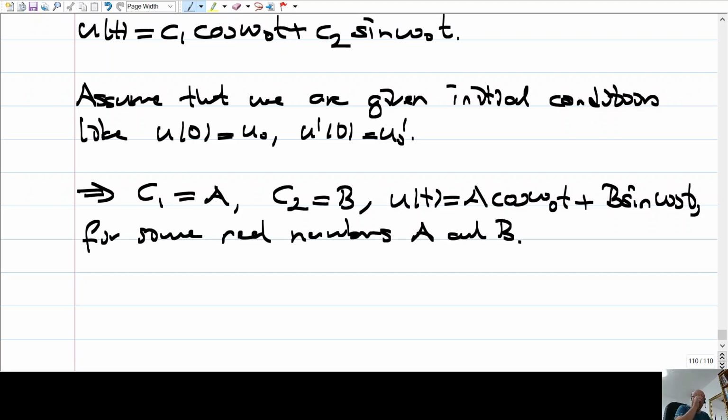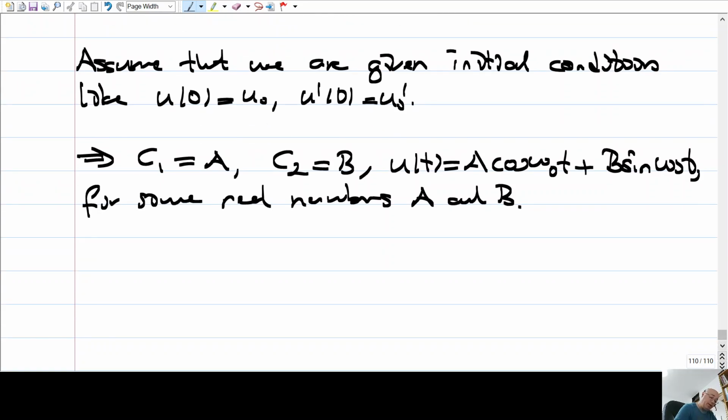We know that any initial value problem has a unique solution. So once we are given initial conditions, I can determine C1 and C2 from the general solution and obtain the unique solution. All right. Now there is a nice way of representing such an expression.